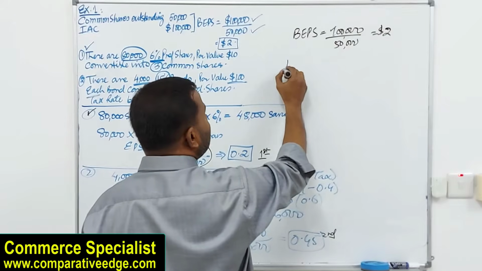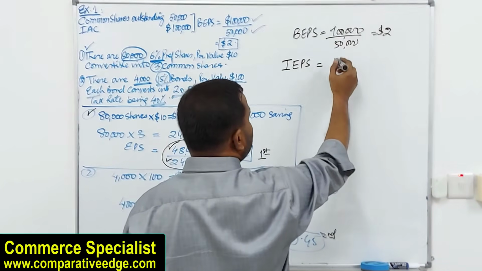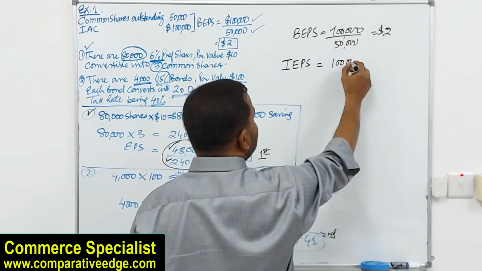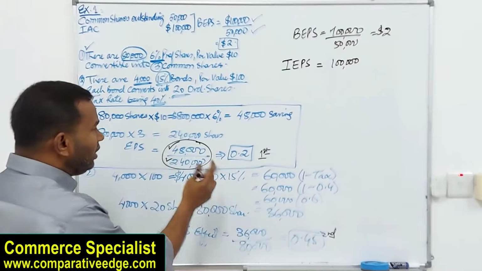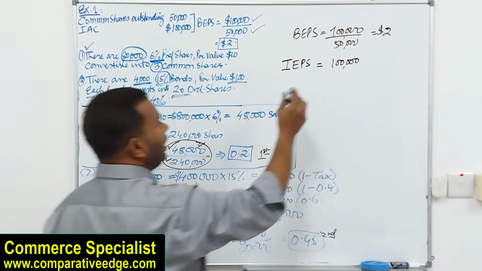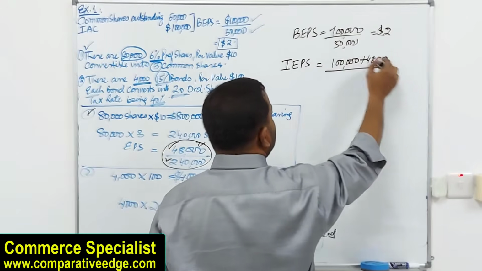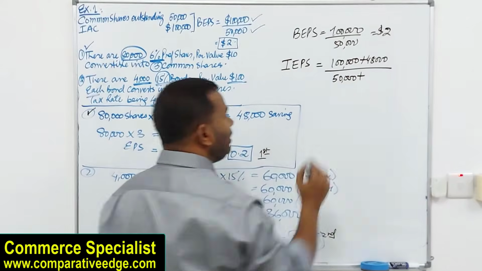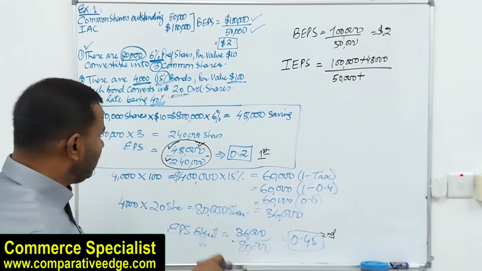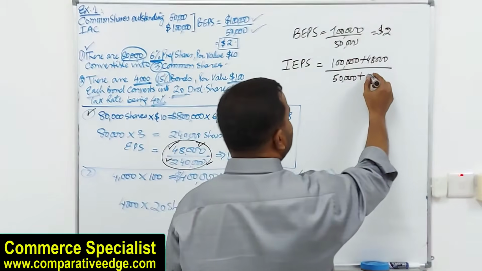I call it intermediate earning per share. Same numerator, 100,000, the earning available for common shareholders. Because the preference shares converted, you have additional earning of 48,000. In the denominator, you had 50,000 weighted average shares; now you have 240,000 more shares.